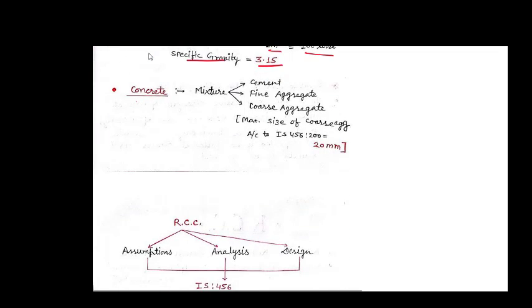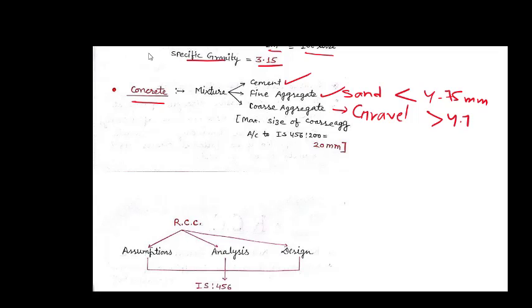Okay, concrete is a mixture of cement, as we have already learned, fine aggregate, which is also known as sand, whose size is less than 4.75 mm, and coarse aggregate, which is also known as gravel, whose size is greater than 4.75 mm.